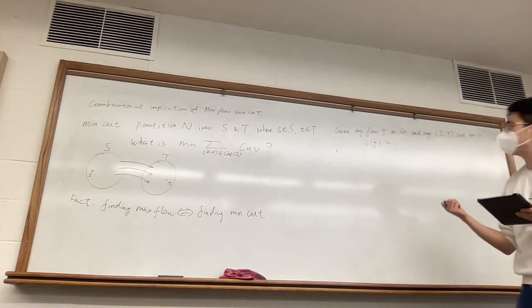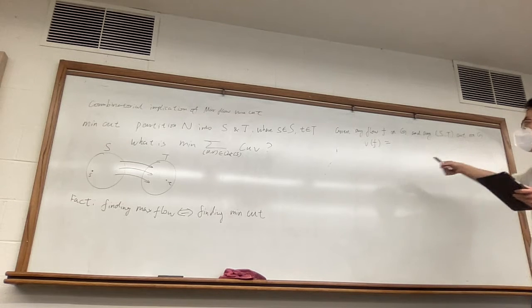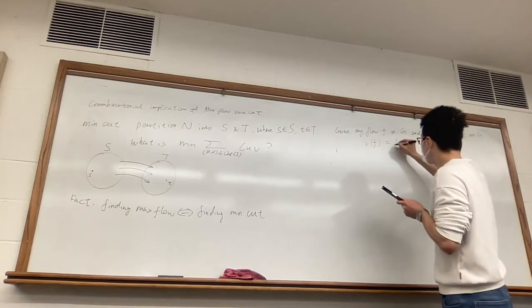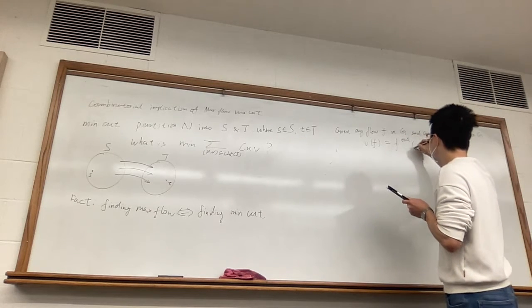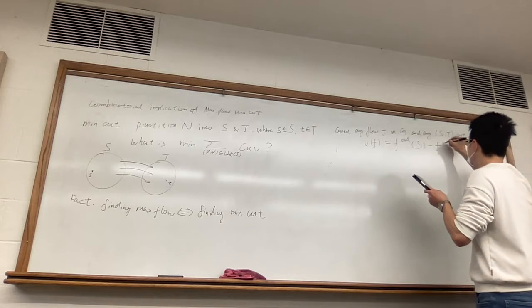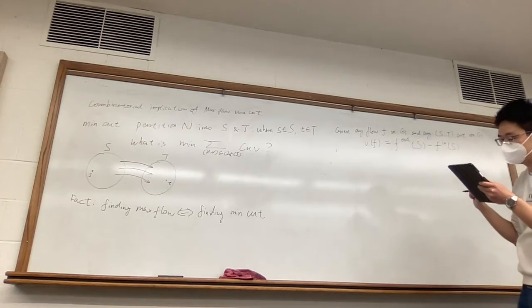I give you any flow f on the graph G and any s-t cut on G. Then the value of the flow is equal to the flow out of capital S minus the flow that goes into capital S. This is very, very straightforward, right?